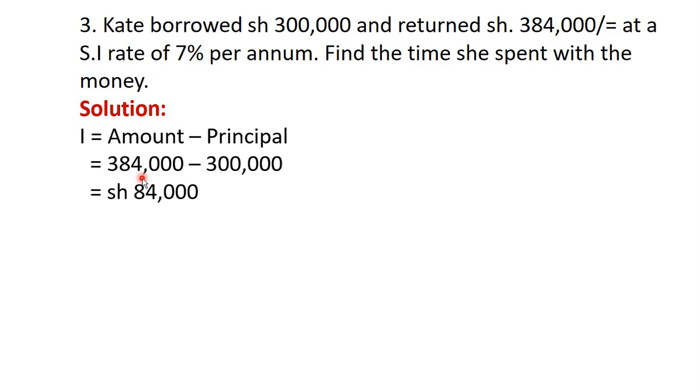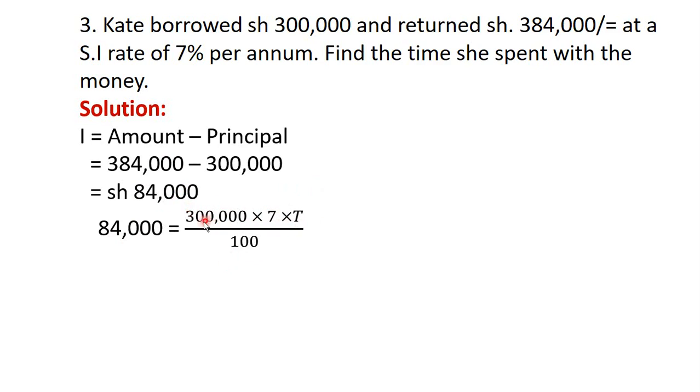But remember, interest is equal to principal times the rate times the time divided by 100. When you substitute, the interest is 84,000. The principal is 300,000, and then times the rate, which is 7% per annum, and then the t, that's the time, is not known, divided by 100.